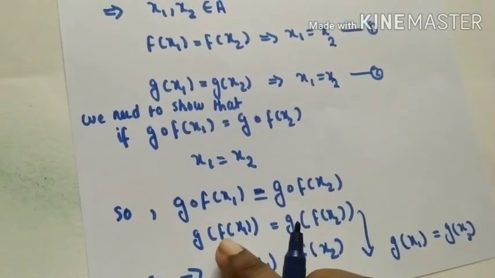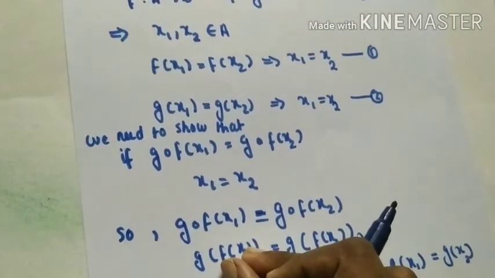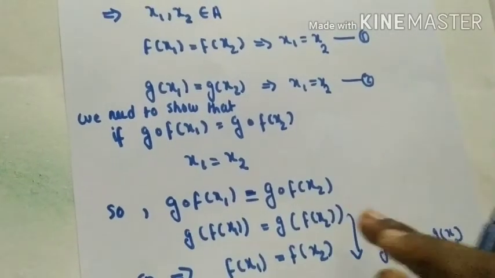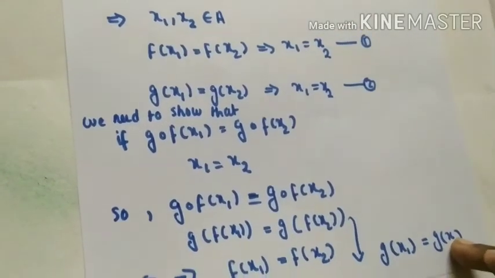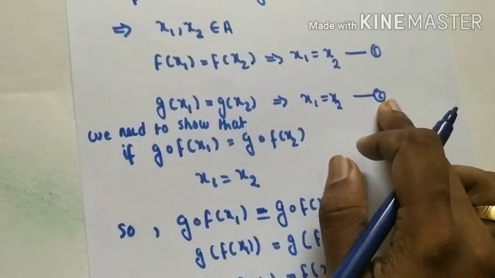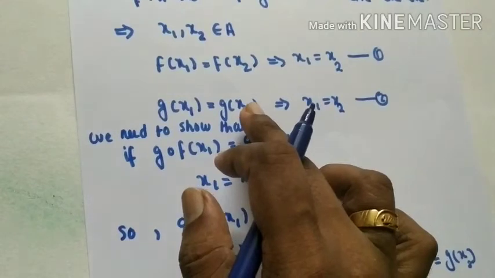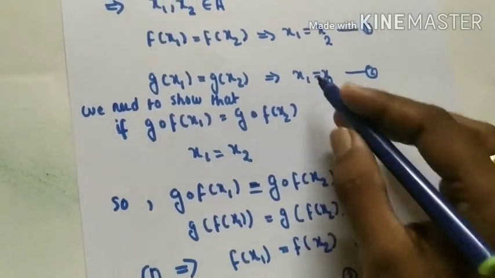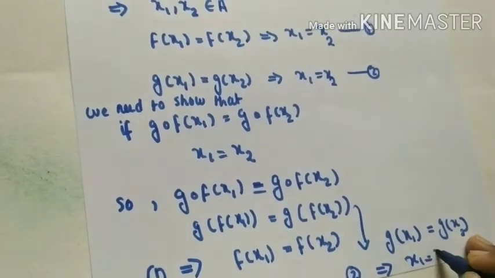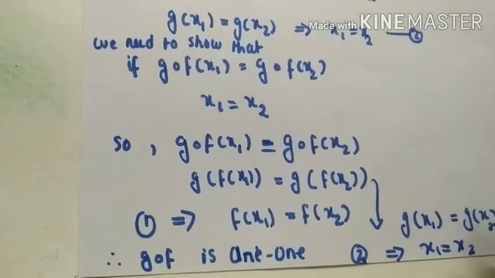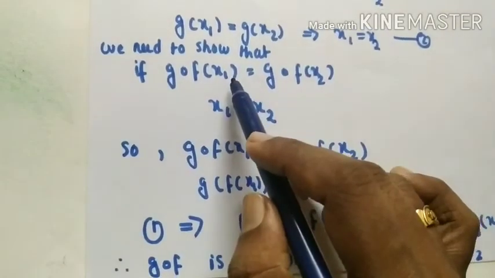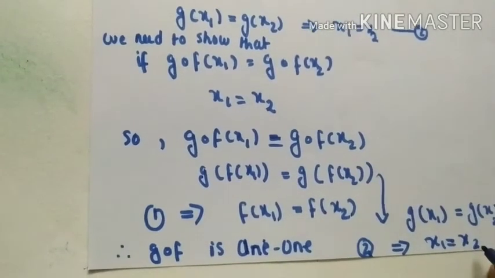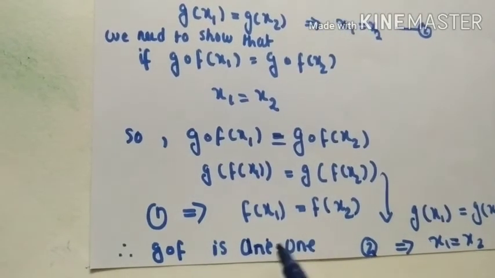Here we are replacing f of x1 by x1 and f of x2 by x2. So this will become g of x1 equal to g of x2. From equation number 2, we get x1 equal to x2. So we have started from here and ended at the fact that x1 equal to x2. Therefore, g of f is one-one function.